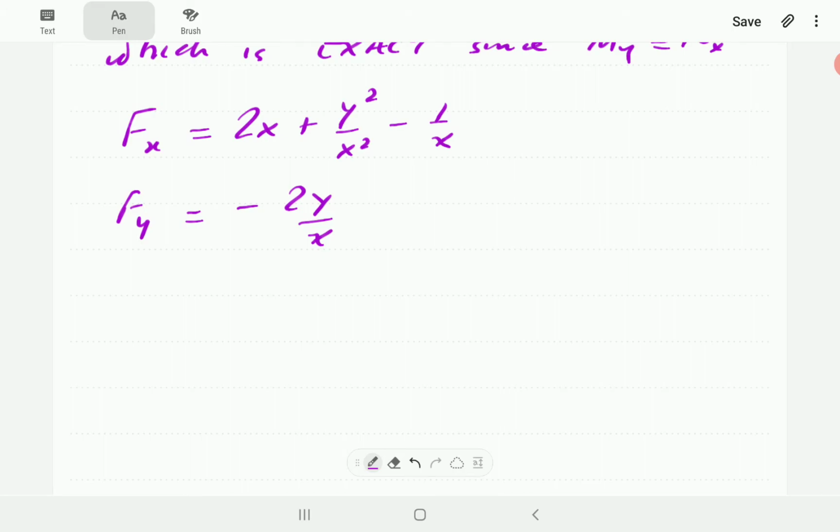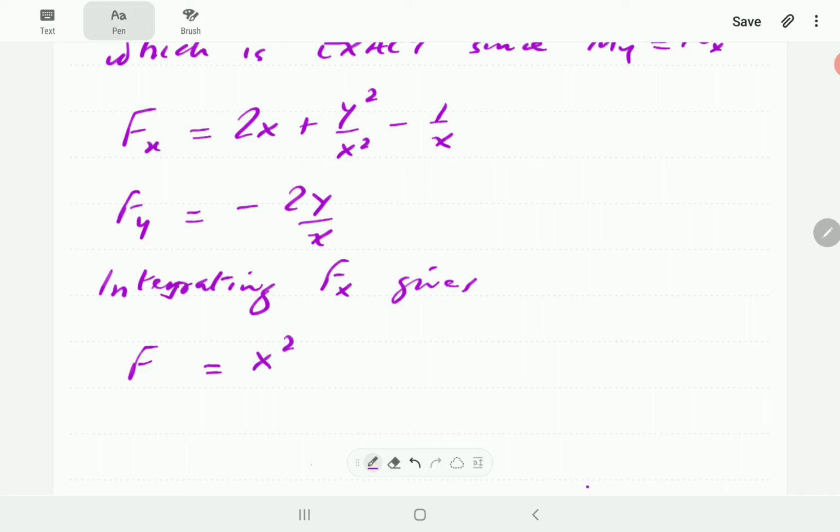From the first one, let's say integrating partially with respect to x, the first term is going to integrate to x squared.